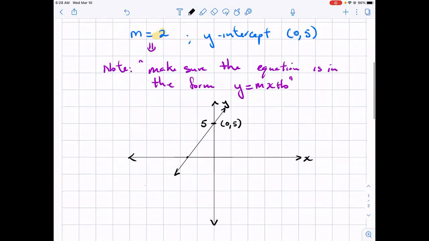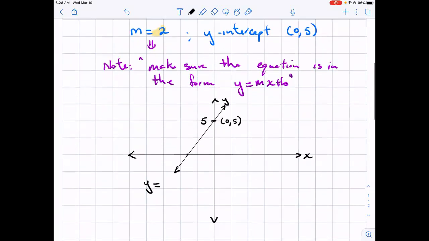And this is the equation y equals 2x plus 5.